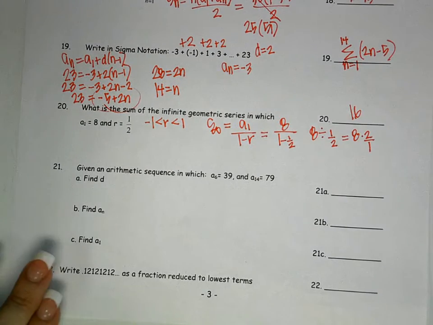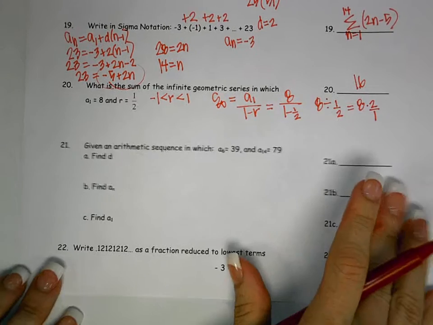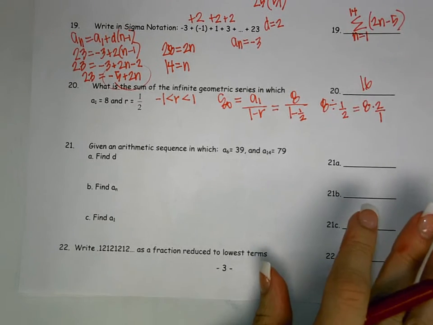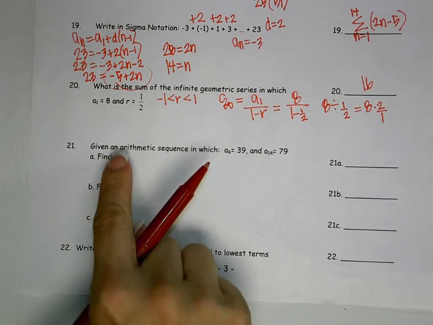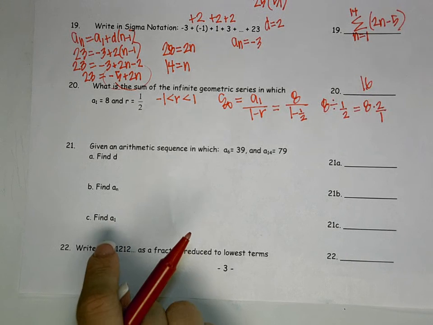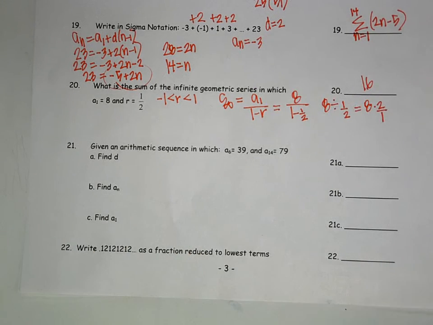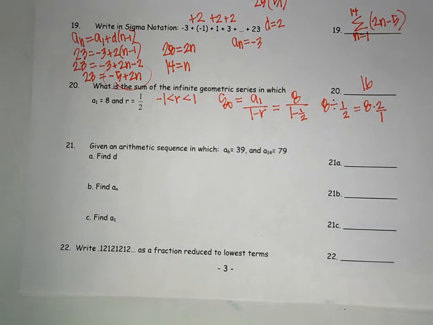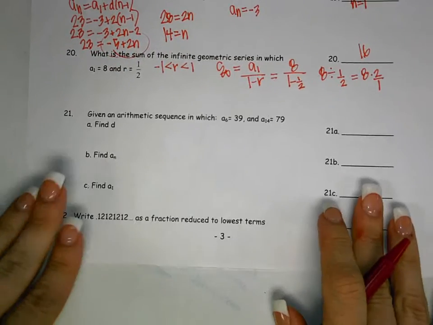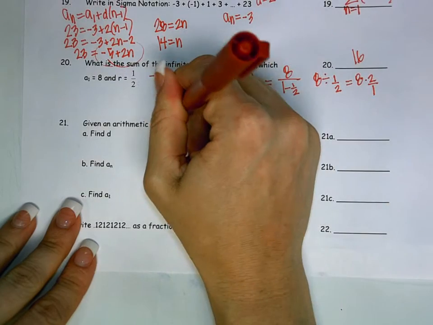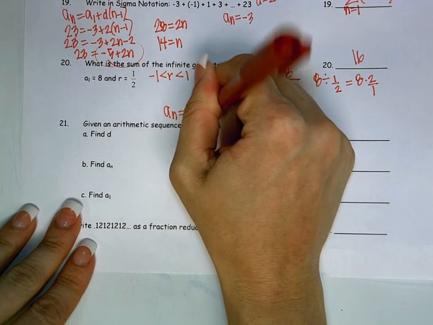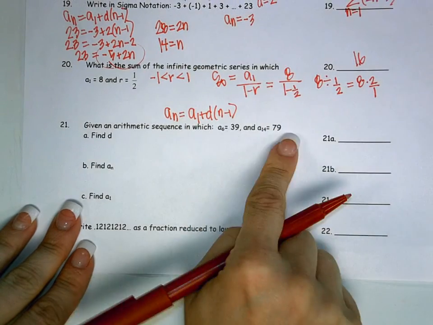Okay, given an arithmetic sequence in which a6 is 39 and a14 is 79, find d, the rule, and a1. So you're going to have to find all of those different parts. Set up a system of equations using a_n equals a1 plus d times (n minus 1). You're going to set it up for both of these parts.